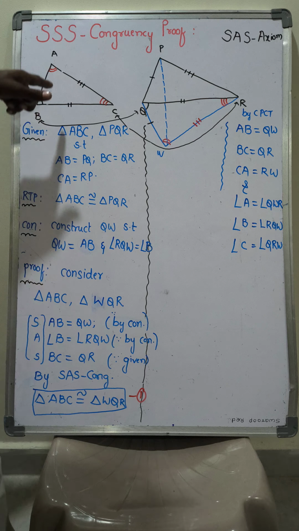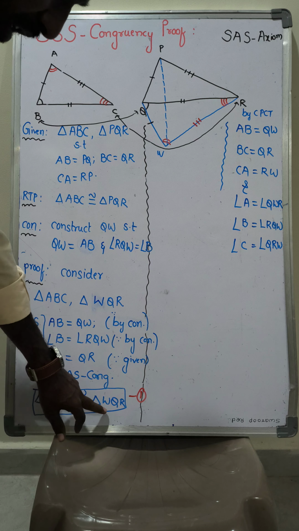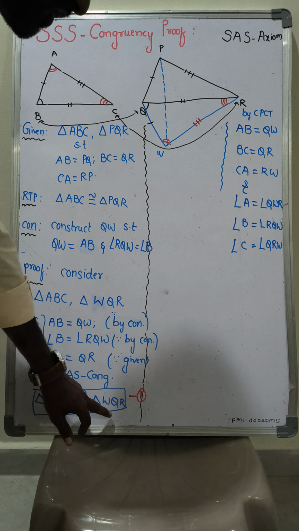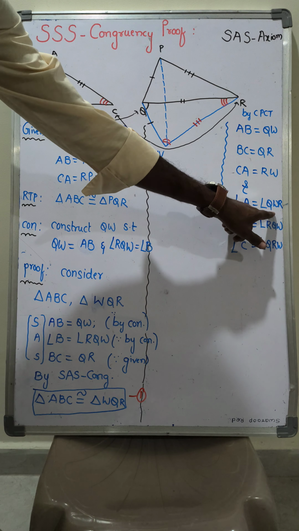Corresponding angles are also equal. Angle A corresponding is angle W, because A corresponds to W, B corresponds to Q, C corresponds to R. Angle A is equal to angle W. We can write simply angle W, but I wrote QWR. You can write simply angle W also because it's not creating any confusion.